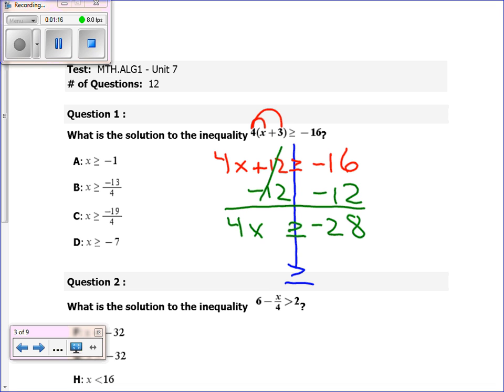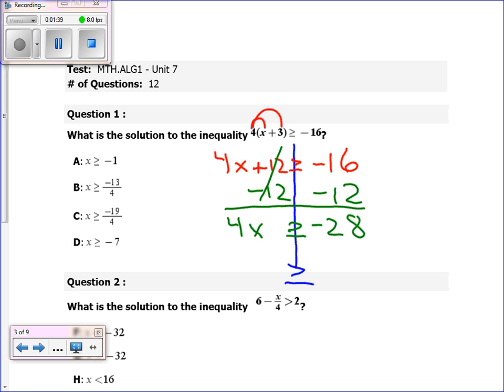Now this is the part you want to be careful with, because just remember, when we are dealing with inequalities, the only time we ever change the direction of the inequality sign is when we multiply or divide both sides of the inequality by a negative. But because we're dividing by 4, which is positive, the direction of our inequality sign is not going to change.